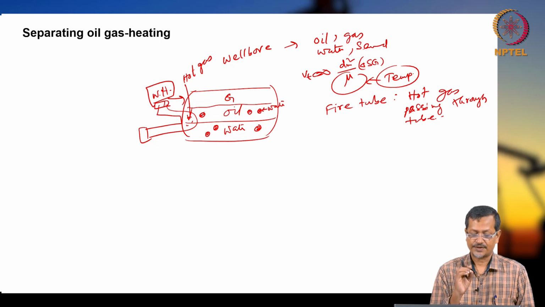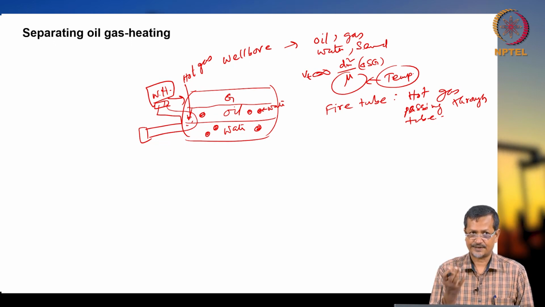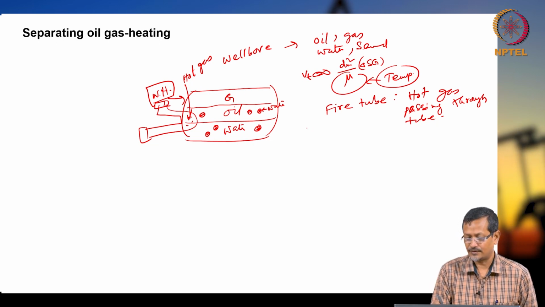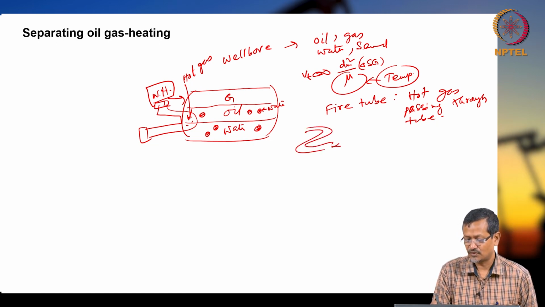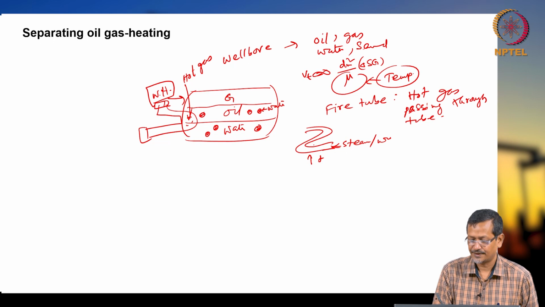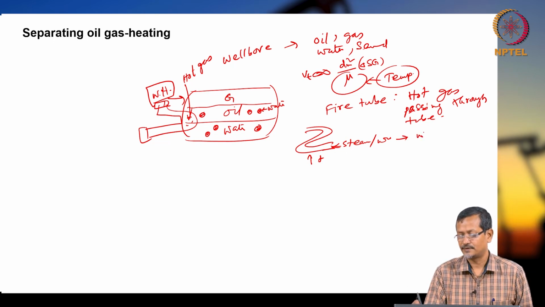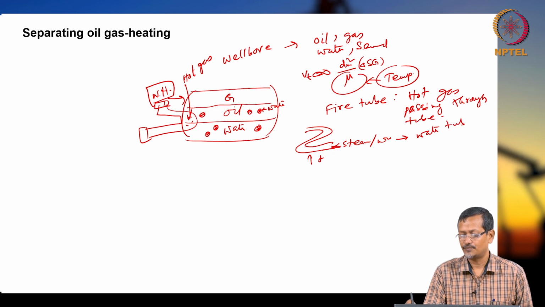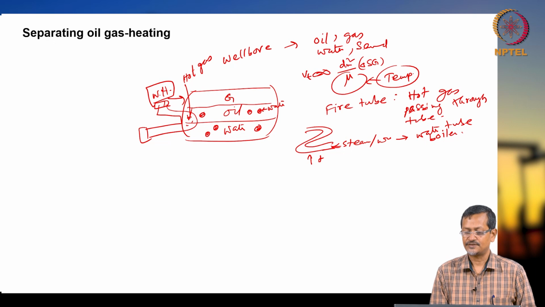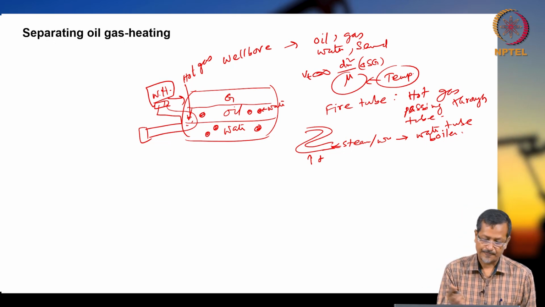When steam or water is going through the pipe and outside there is flue gas or hot gas, for example, you have one pipe passing lots of steam or water, and outside a burner is there, so hot gas is outside the pipe, that will actually be a water tube boiler. In your case you are actually using fire tube, not water tube. So you should know the difference.